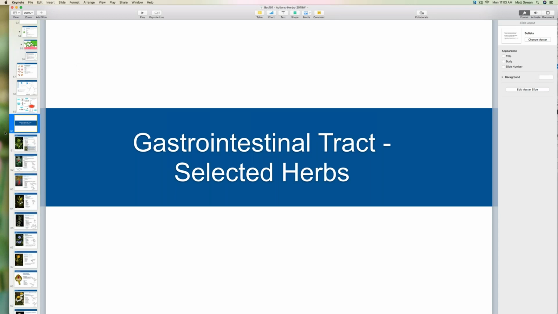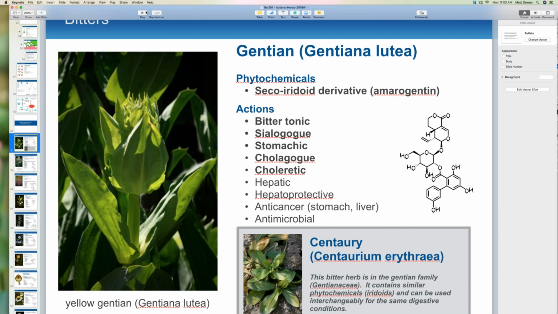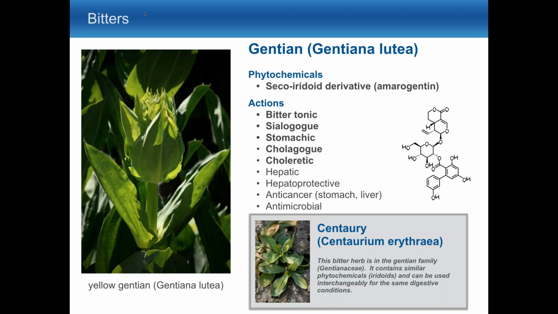What I'm going to do is give you an example. Say gentian or yellow gentian, whichever term I use, because I could use a couple of them. The following is the Latin name for it. Is it A, Gentiana lutea? Is it B, Centaurium erythraea? Is it C, Gentiana passiflora?